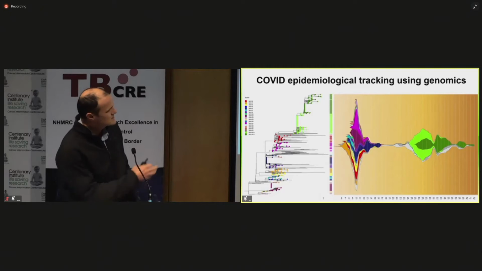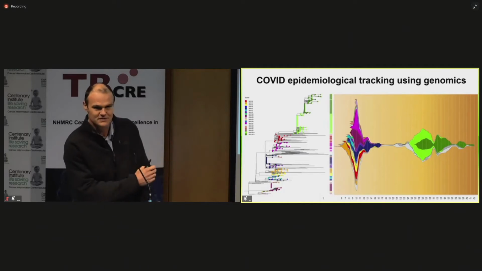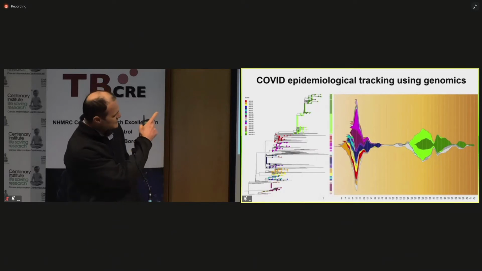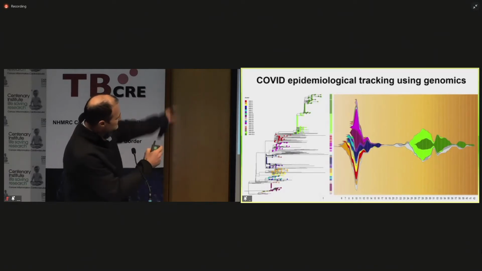And what is amazing is, for the first time, we are able to give a complete overview of the introduction of various SARS-CoV strains into New South Wales and document their elimination. So you can see the phylogenetic tree on the left.